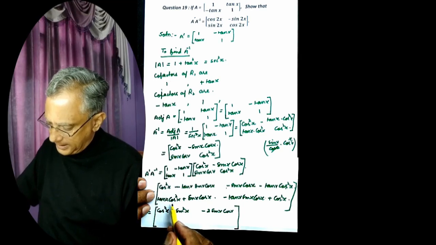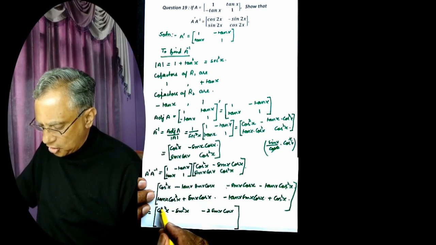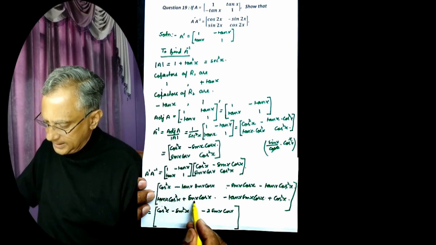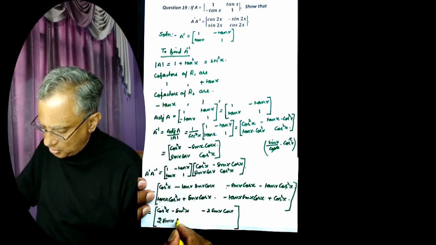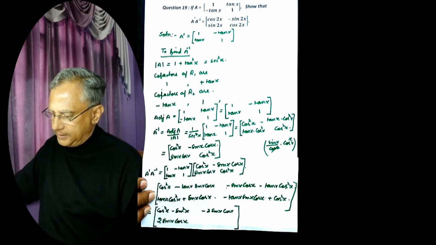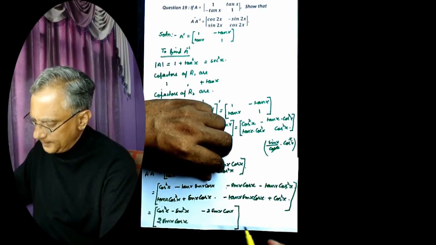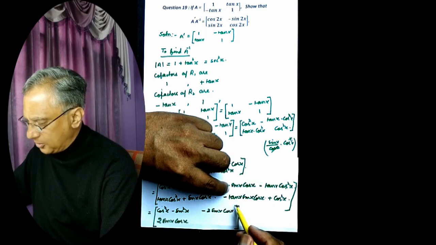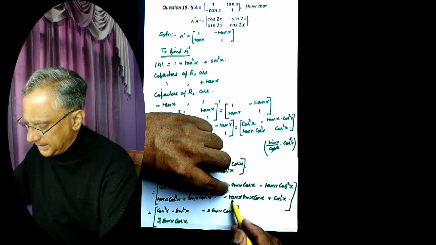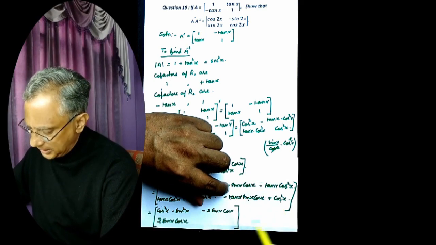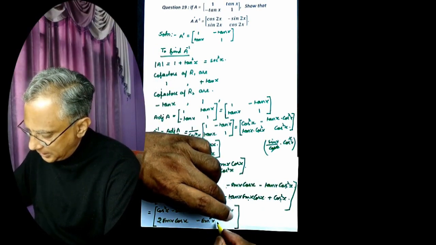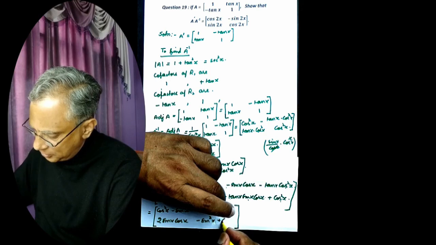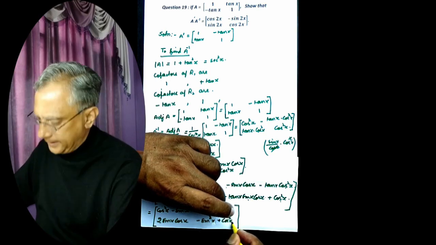And this will be again sin x over cos cancels, sin x cos x. Sin x cos x. So 2 sin x cos x. And this will be equal to, now sin and cos cancels, we get minus sin square x cos square x. This is minus sin square x plus cos square x.